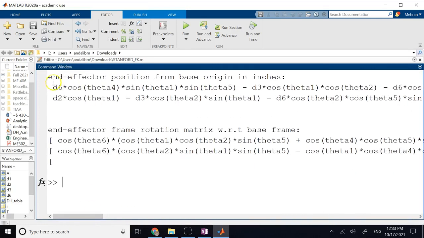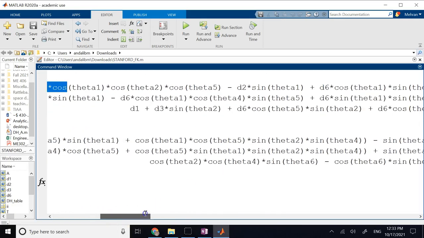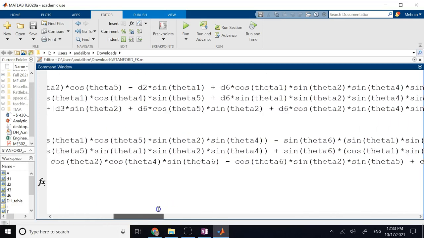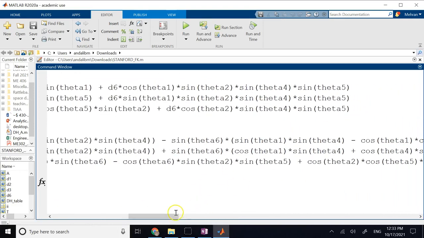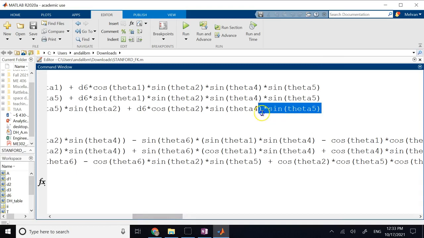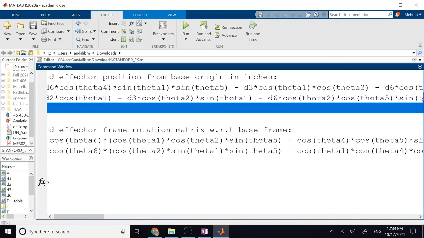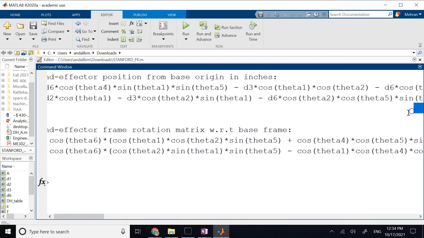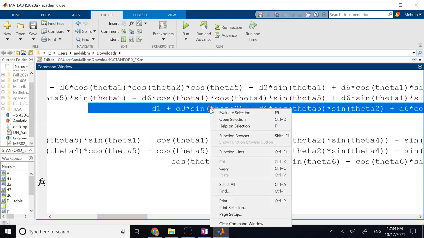For example, if I just go ahead and copy the end effector position for you, let's look at the Z component of it, which is the simplest one. So this guy here is the Z component of end effector in base.